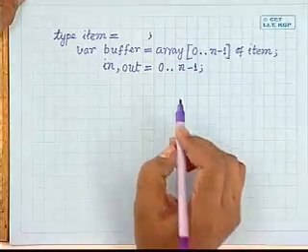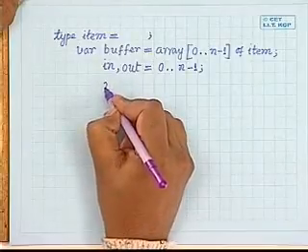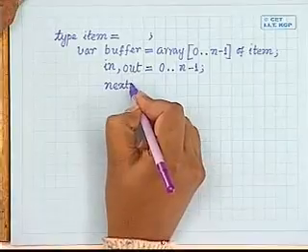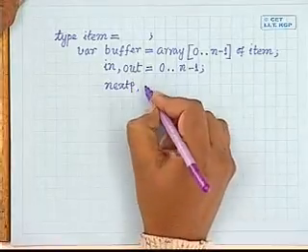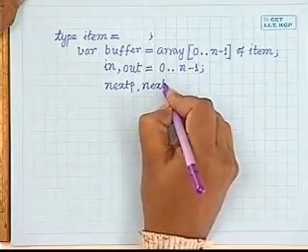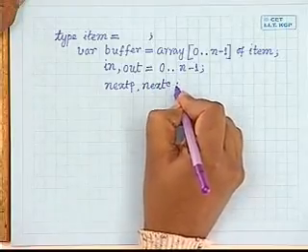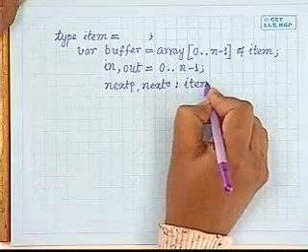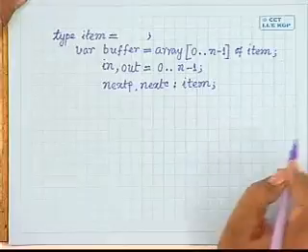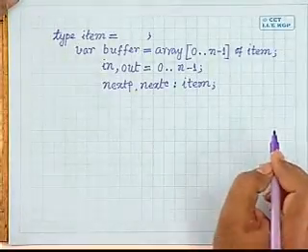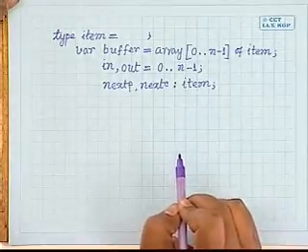Okay? And we use two more variables. One is next p and the other one is next c, of type item. So our assumption is whenever the producer produces an item, the item is assigned to next p.